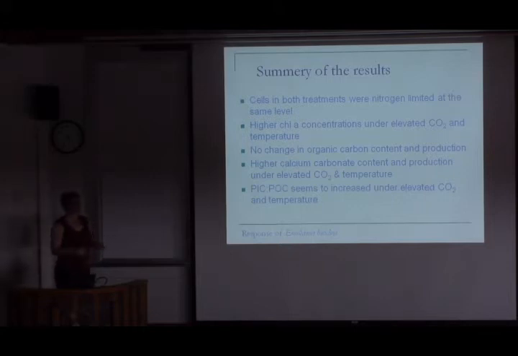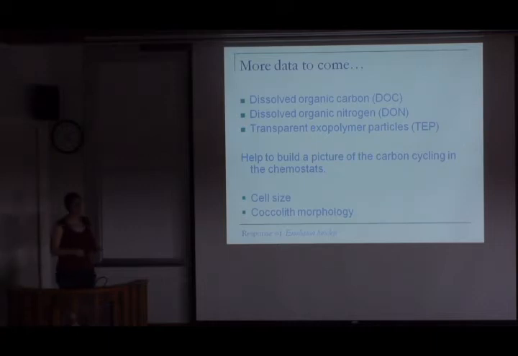And then just to sum up the results, because I showed quite a lot of them: the nitrogen limitation in both treatments was at the same level, as we have seen with the C/N ratio. Chlorophyll concentrations were higher in the elevated CO2 and temperature treatment.